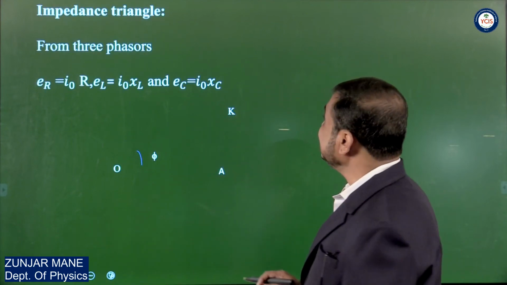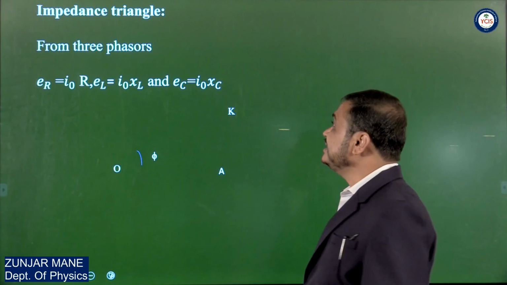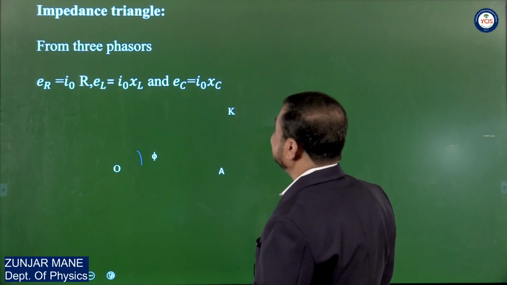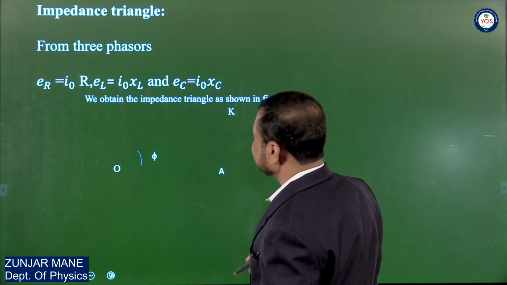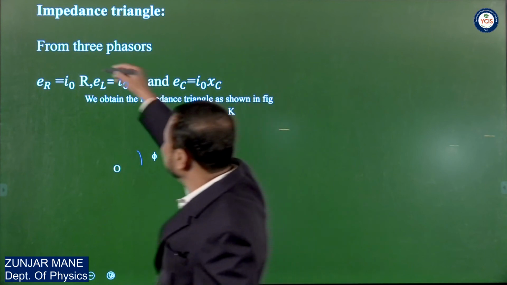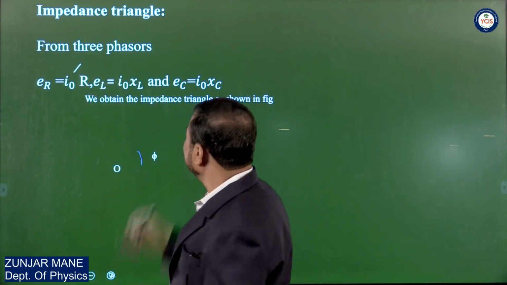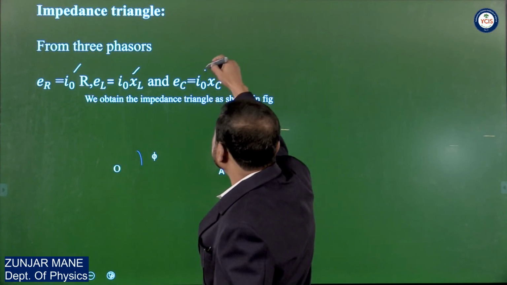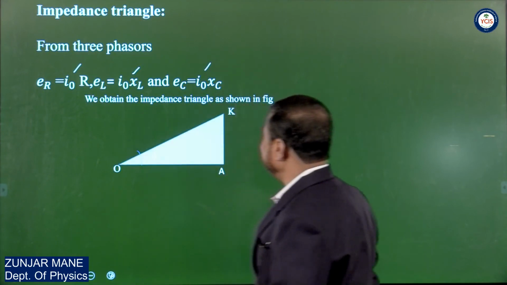Now the next article, that is the impedance triangle. So from the phase diagram, from the phasors we have ER equal to I0 into R, EL equal to I0 into XL, EC equal to I0 into XC.